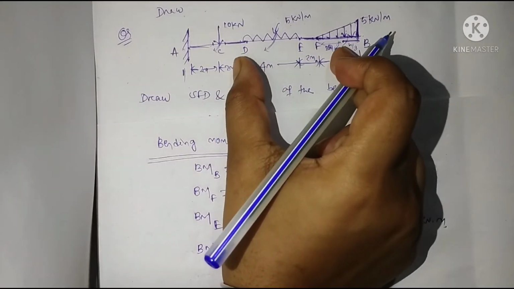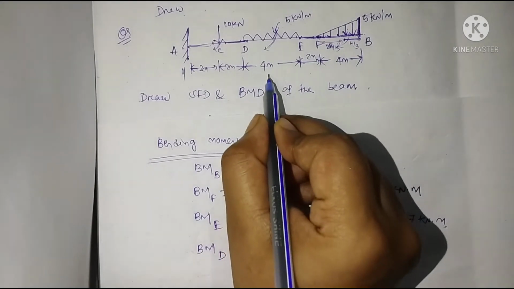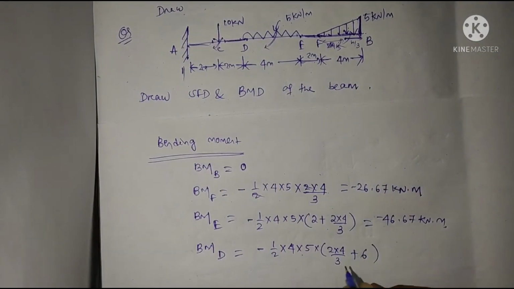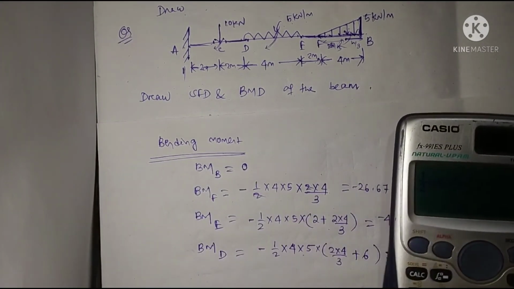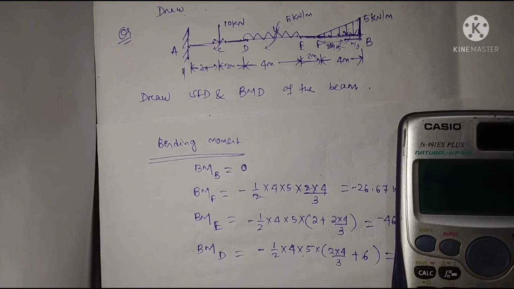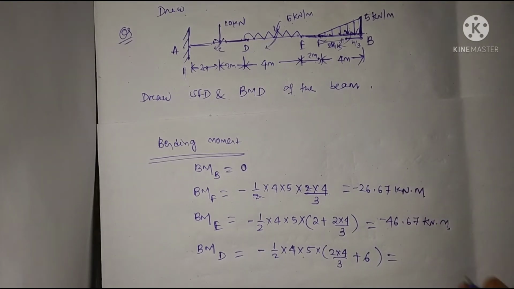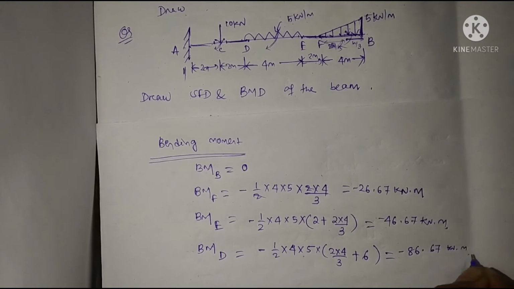So 4 plus 2, that is 6, plus 2h by 3, which is 2 into 4 by 3 plus 6. Just put it. Now calculate the value of bending moment. This will be minus 86.67 kilonewton meter.